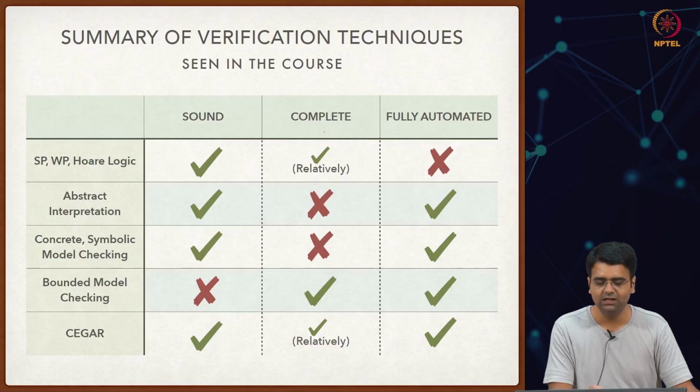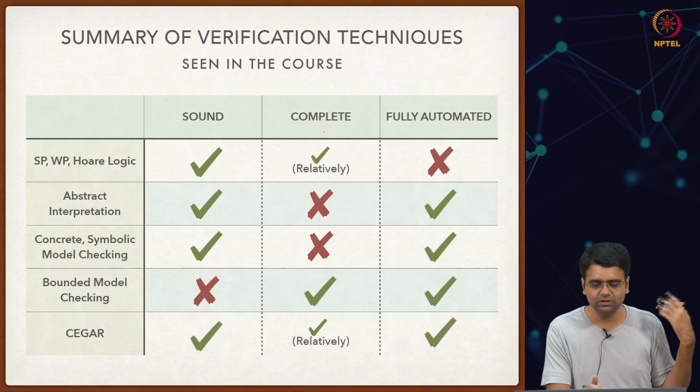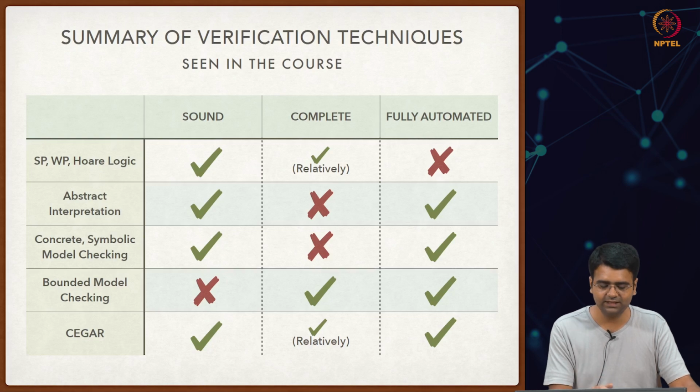Remember that program verification does not happen in isolation. It happens with respect to some specification. I can give some arbitrary complex specification and there is a good chance that if you use SP, WP or Hoare logic, either of these three, you will be able to verify that a program is correct and satisfies some complex specification.